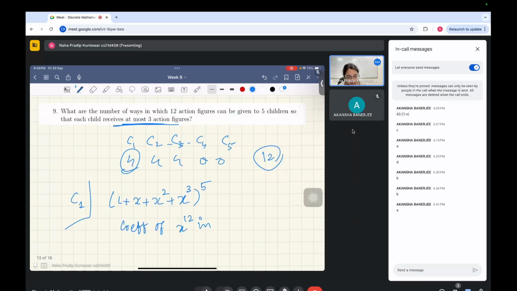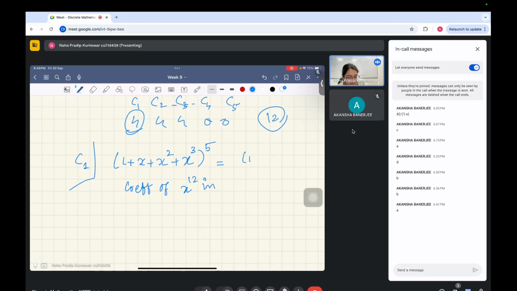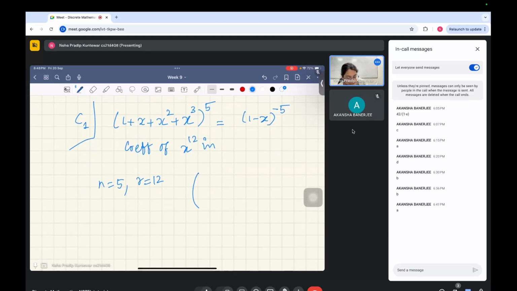Right, so you do the same thing again. You know that this is the same as (1 minus x) to the minus 5. Sorry, so n is 5, r is 12. So what you get is n plus r minus 1, which is 16, choose 12, which is the same as 16 choose 4.